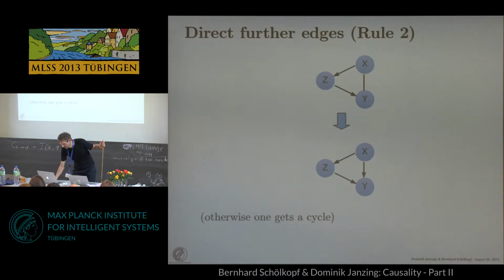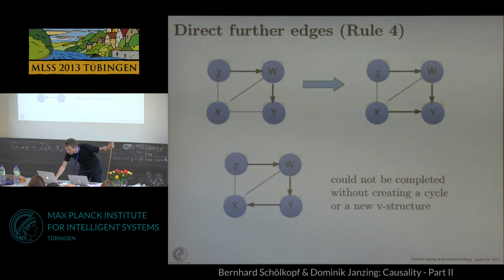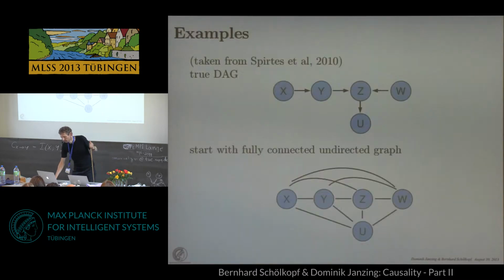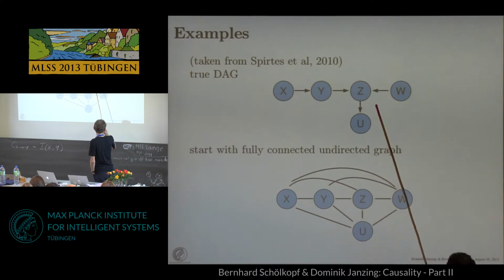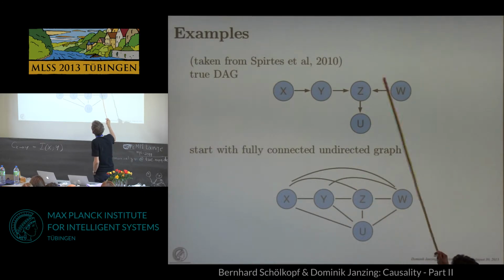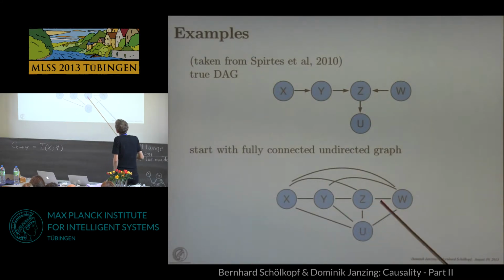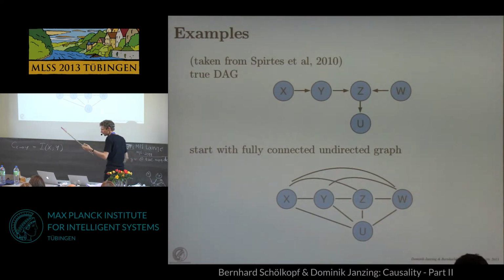And instead of going through all the rules, I would start with an example taken from Spirtes. So this is the true DAG. Then we start with a fully undirected graph, fully connected.